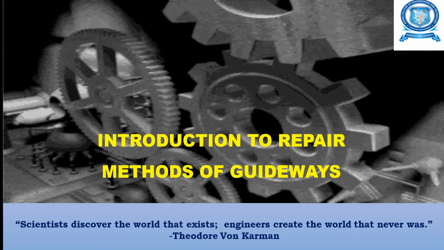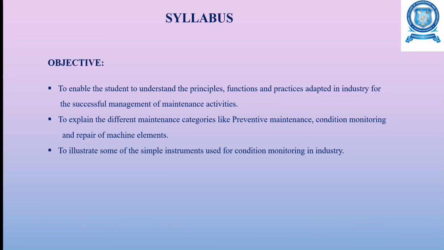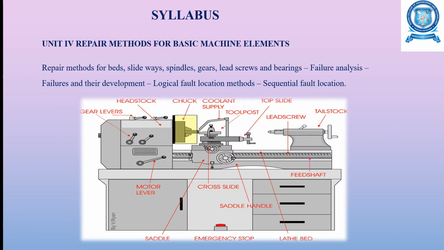Introduction to repair methods of guideways. These are the objectives of this course, which would enable the student to understand the principles, functions, and practices adopted in industry for the successful management of maintenance activities, to explain the different maintenance categories like preventive maintenance, condition monitoring, and repair of machine elements, and to illustrate some of the simple instruments used for condition monitoring in industry.